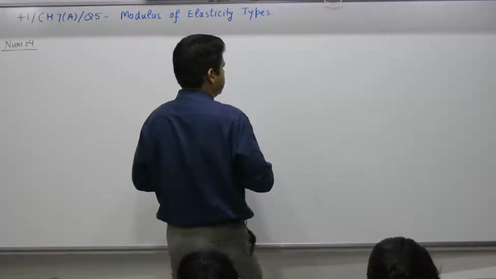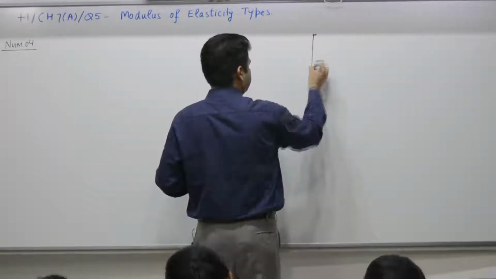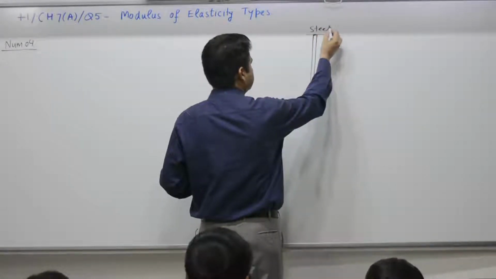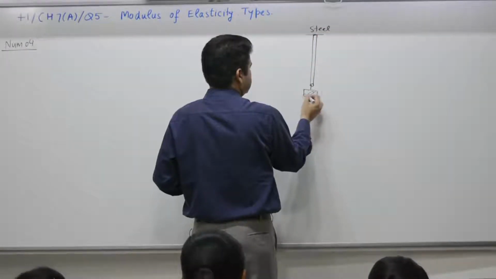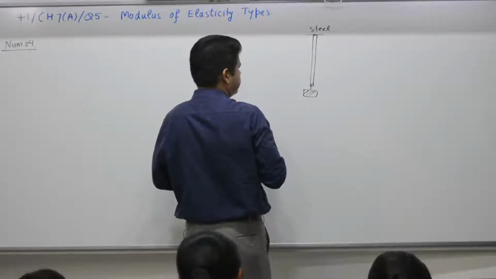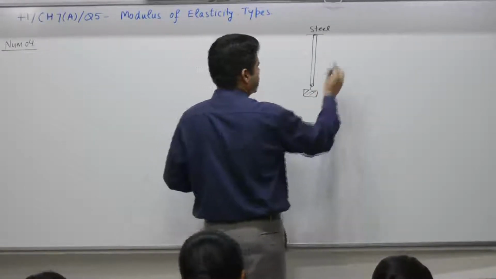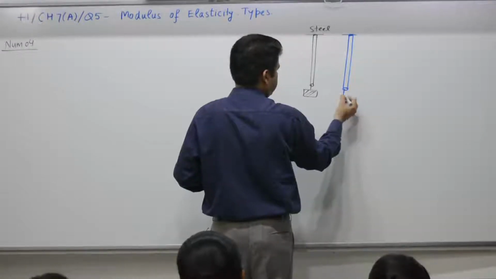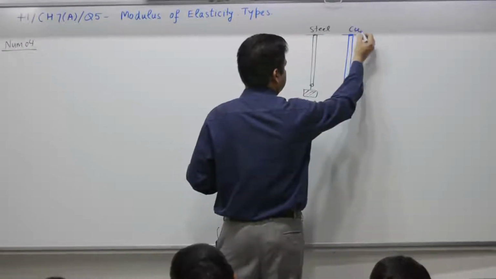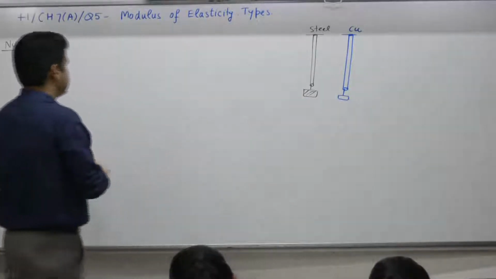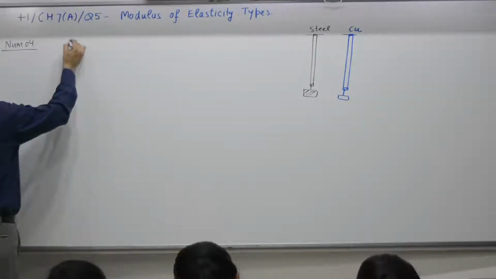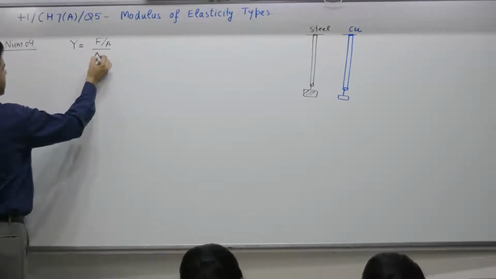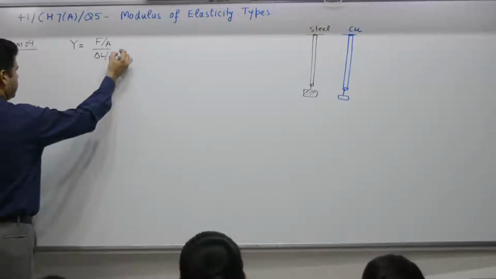Two wires. One wire is what material? Yes, steel. Stretching force is the same. Second is what? Copper. Formula: Young's modulus is equal to force by area divided by change in length by original length.